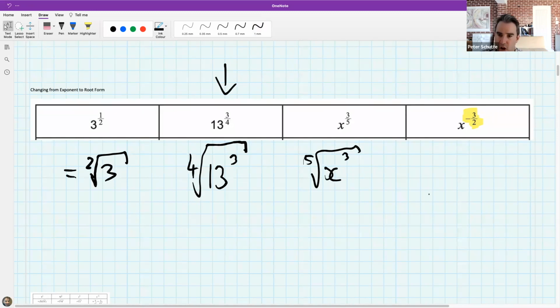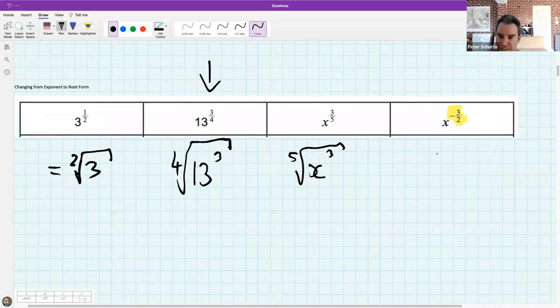Now, the last one, someone gave us a very good tip, where we realized that with exponents, if we have a negative power and we bring it below the line, we can make this 1 over x to the power of 3 over 2. And from there, I want to see, can you convert that into root form?